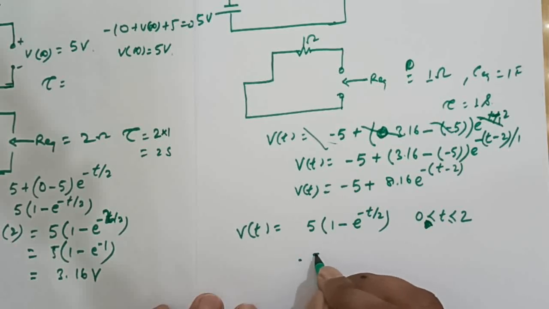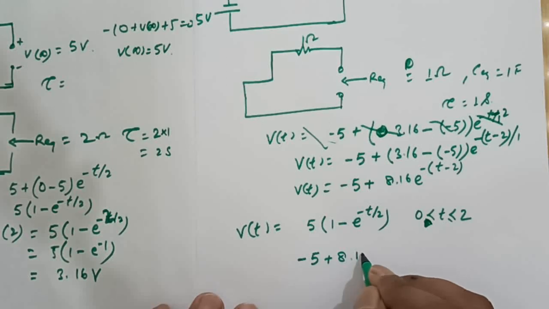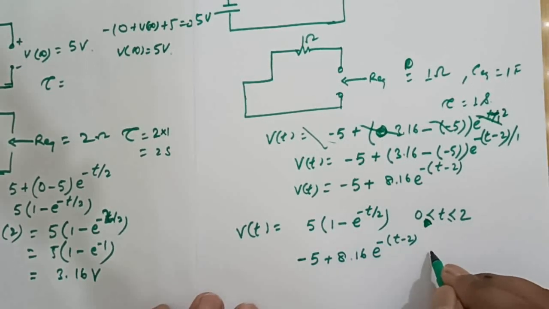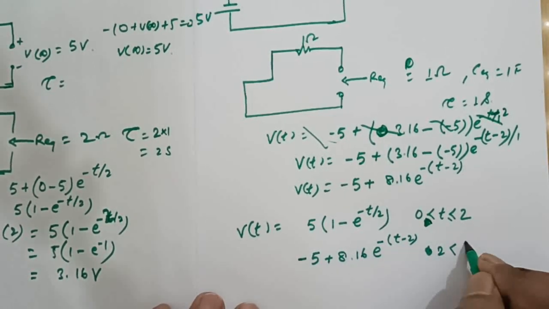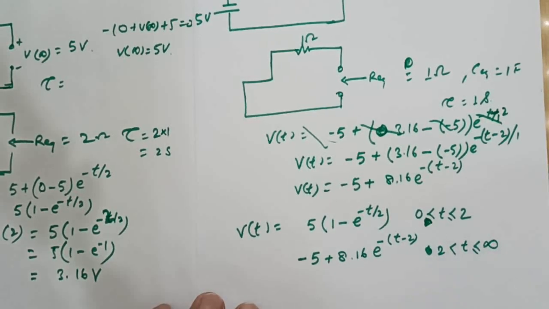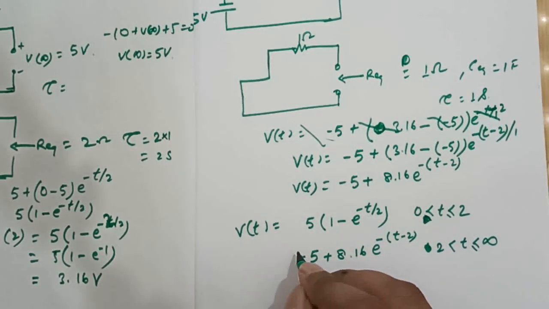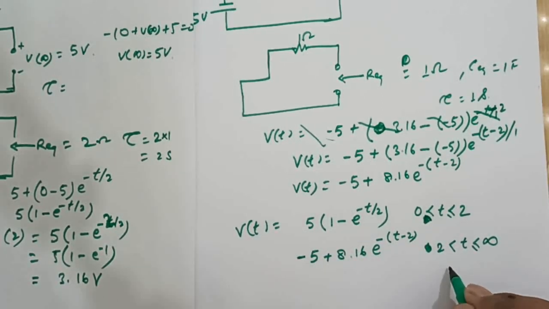So it will become minus 5 plus 8.16 e to the power minus of t minus 2 for t greater than 2 seconds but less than infinity. Clear? Or it can be simply written as for t greater than 2 seconds.